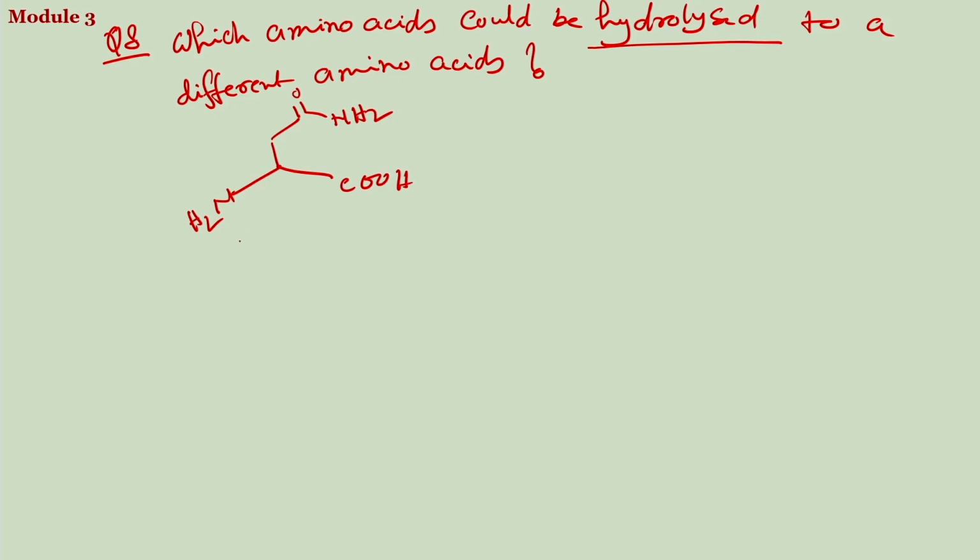This is your asparagine, in short ASN. So the amino acids which have an amide functional group in the side chain, and an amide can be hydrolyzed into acids.